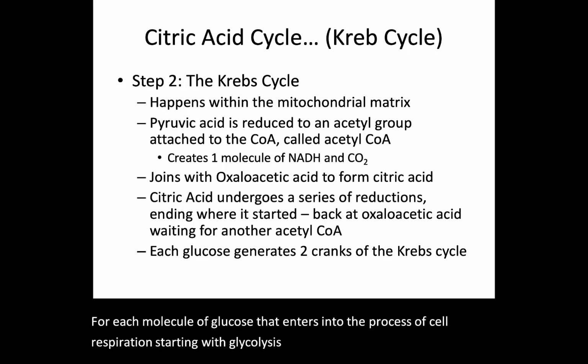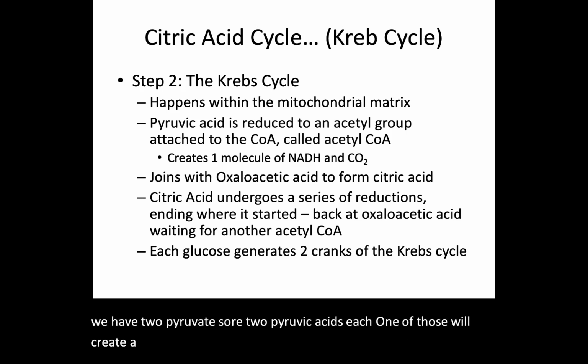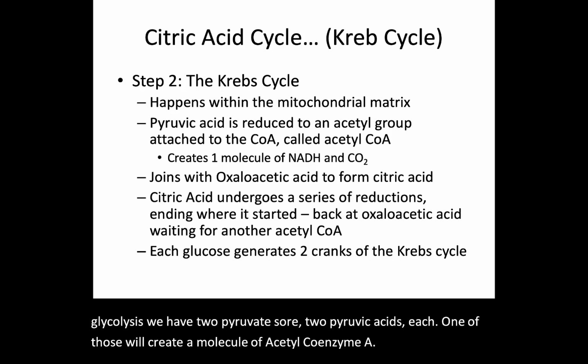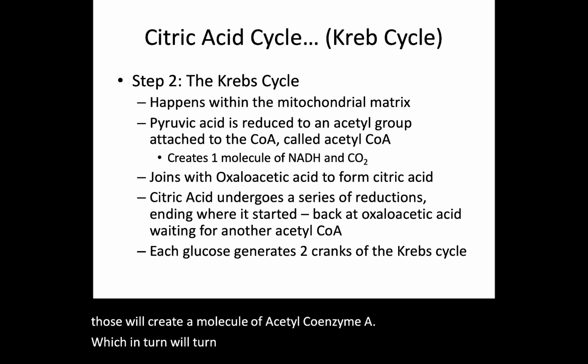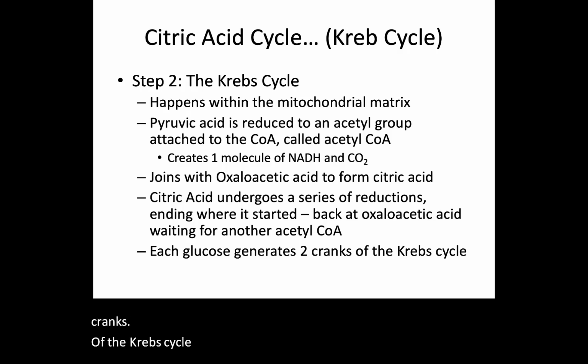Each pyruvic acid will create a molecule of acetyl coenzyme A, which in turn will turn the Krebs cycle one full crank. So we get two cranks of the Krebs cycle for each molecule of glucose.